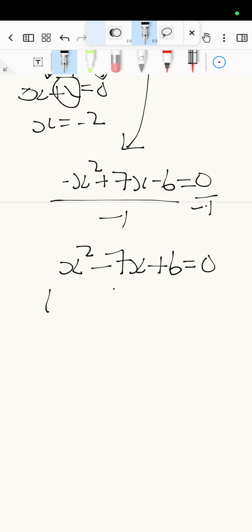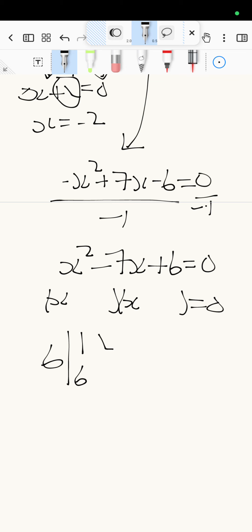This is going to be an easy trinomial to solve. x and x. The factors of 6 are 1 and 6, 2 and 3. What can get me a 7? Those ones, right? So I'm going to go with my 1 and my 6 in my bracket. I have a plus here, so my signs will have to be the same. So it's either plus plus or minus minus.